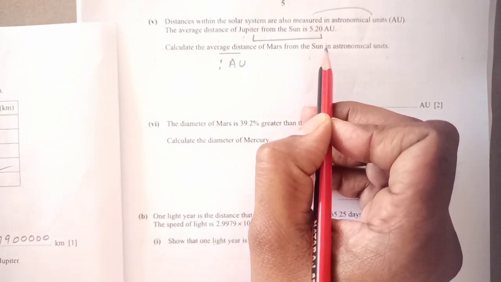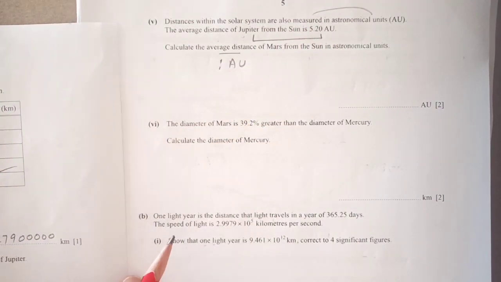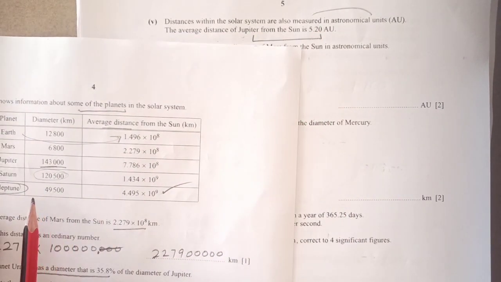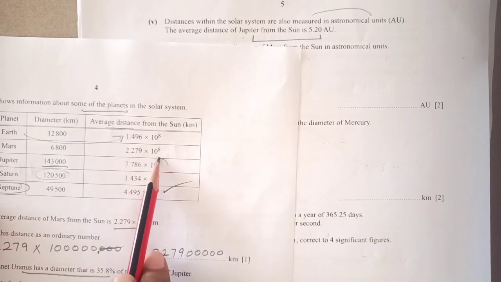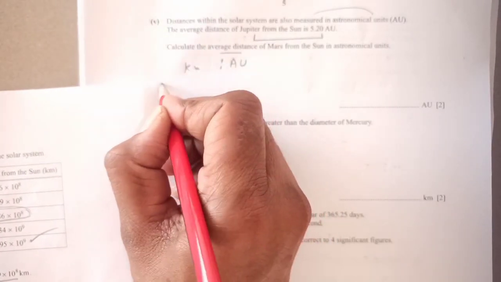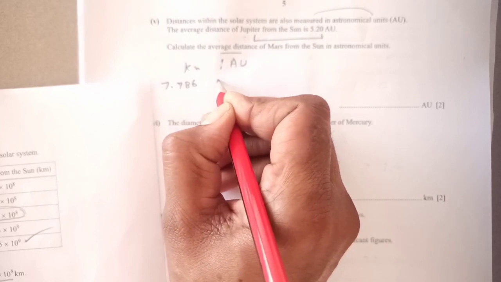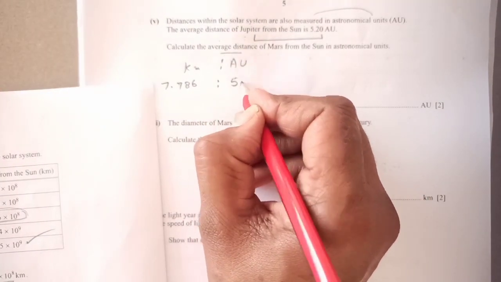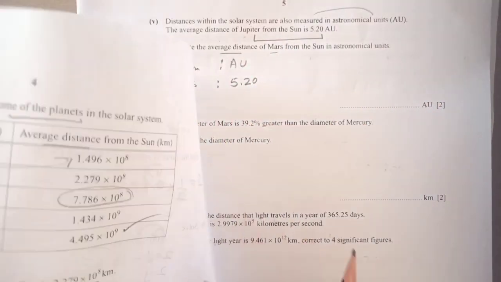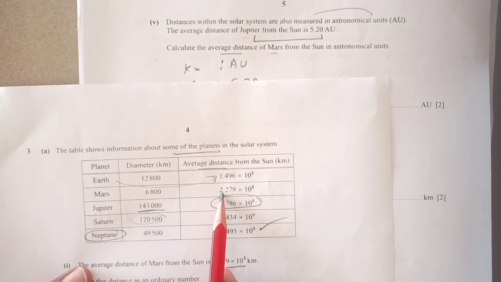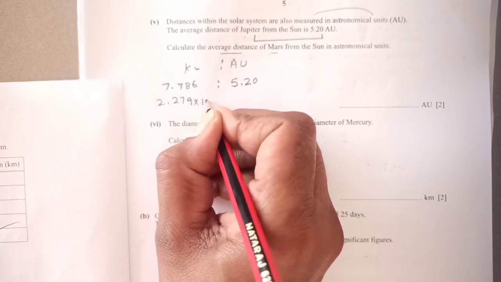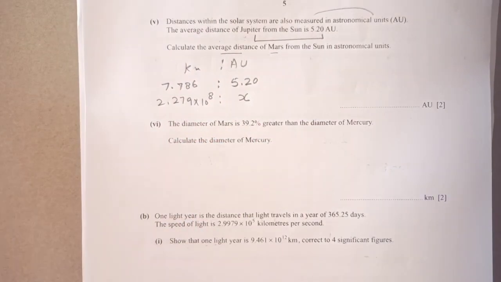We are talking about the Sun. So for the Sun here, Jupiter's is 7.786 times 10 raised to power 8 in kilometers, and this is equivalent to 5.20 AU, right? Now we are looking for Mars. Mars in kilometers is 2.279 times 10 raised to power 8. So how much will this be in AU?